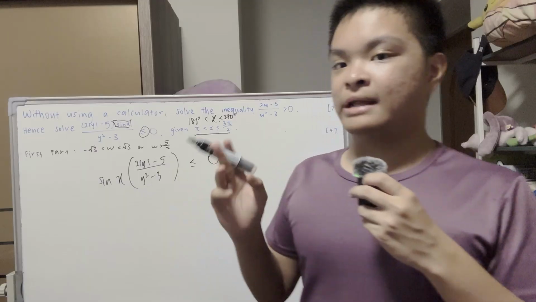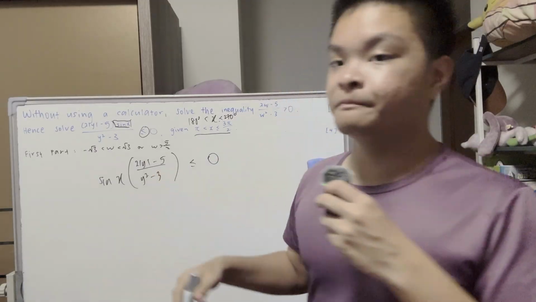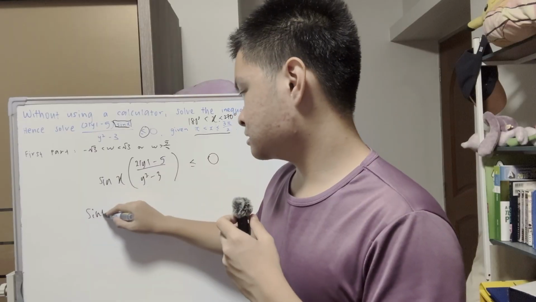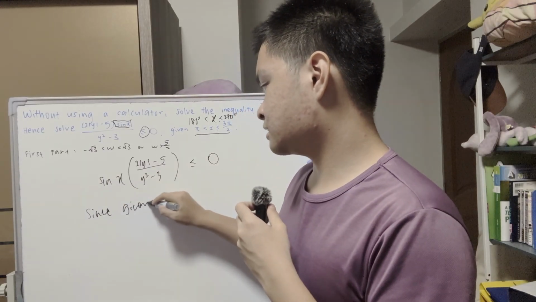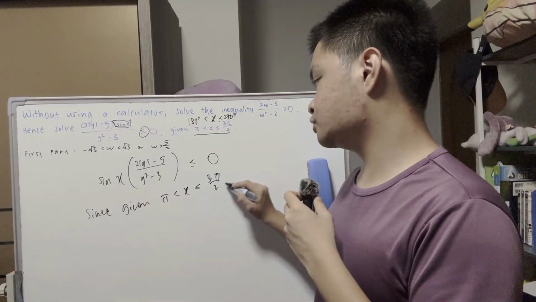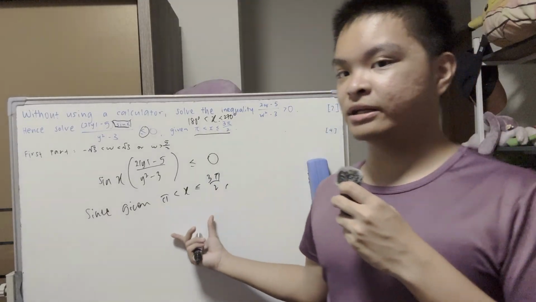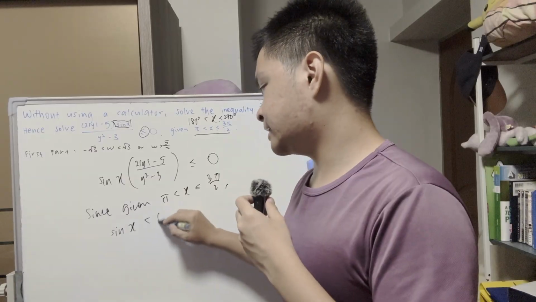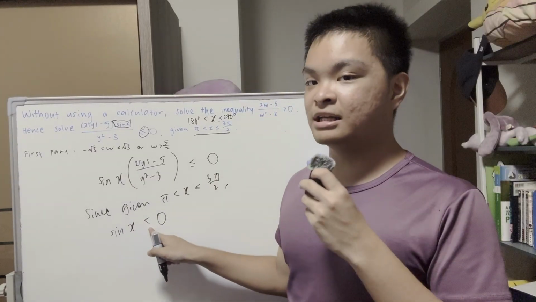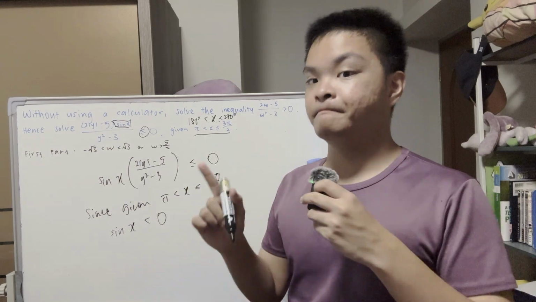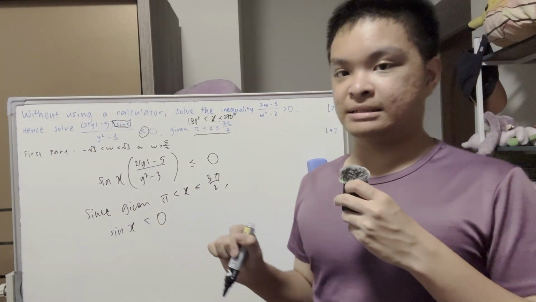We know that my sine x is negative, so I will show the examiner that I know what I'm doing by writing: since, given that pi is less than x is less than or equal to 3 pi over 2, I'm just writing down the given information, my sine x will be negative. It is not less than or equal to 0, because we know that it is excluding pi, which means that my sine x is negative.